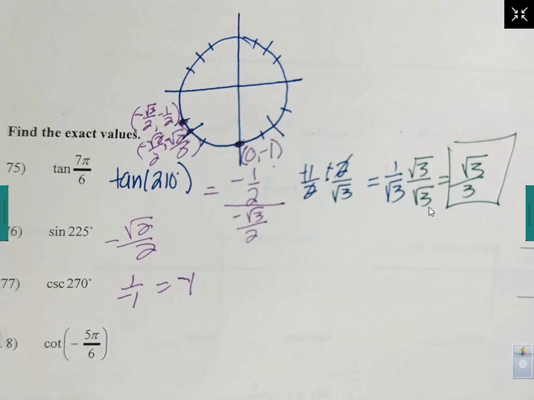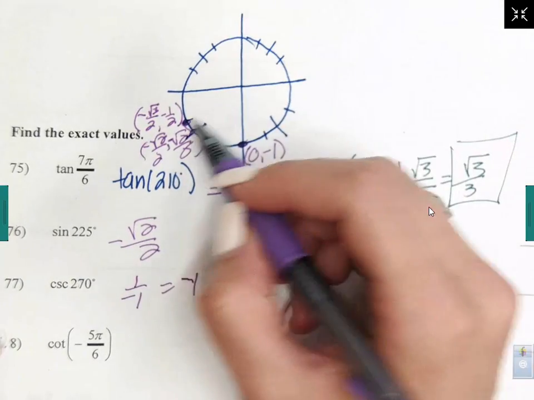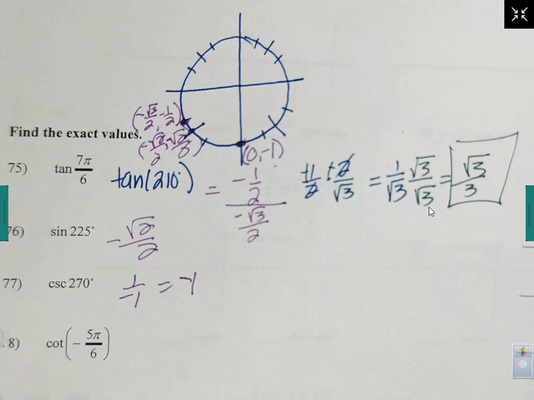All right, cotangent of negative 5 pi over 6. What is negative 5 pi over 6? When you put it in your calculator, you get negative 150. 210 might confuse people because they might try to go 210 the opposite way.